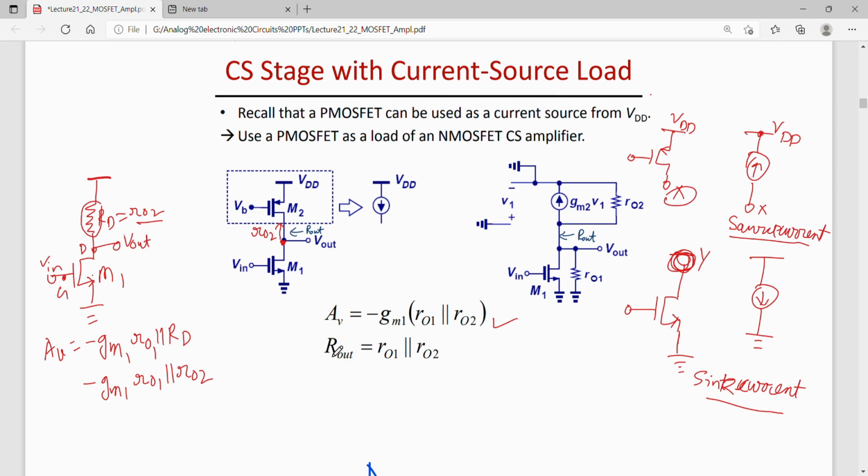Then we can also find out the output impedance. So output impedance, that is looking into the output, that is at this port, this is the small signal model circuit, or directly from here. Looking into M1 from the drain side, the impedance is RO1. So the total impedance Rout would be simply RO1 parallel to RO2.